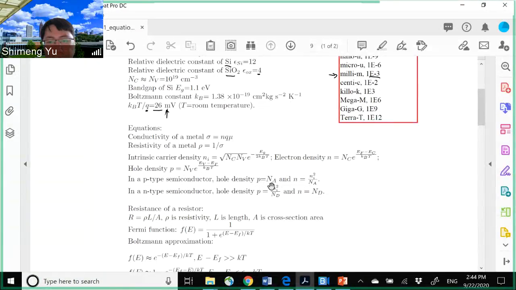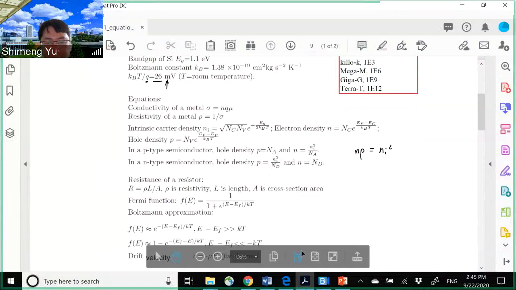For the electron density, you can always use the NP product, because NP always equals Ni square. If you know P, you can get N through this Ni square. Similarly for the n-type semiconductor, the electron density will be the same as the donor density, because one donor gives you one electron. And then you can get the hole density by Ni square.